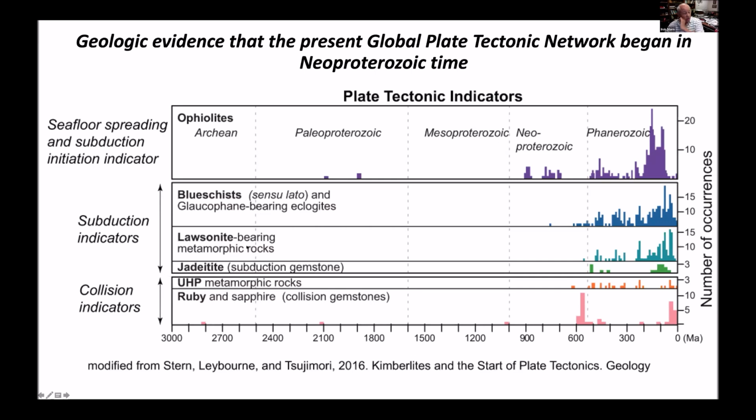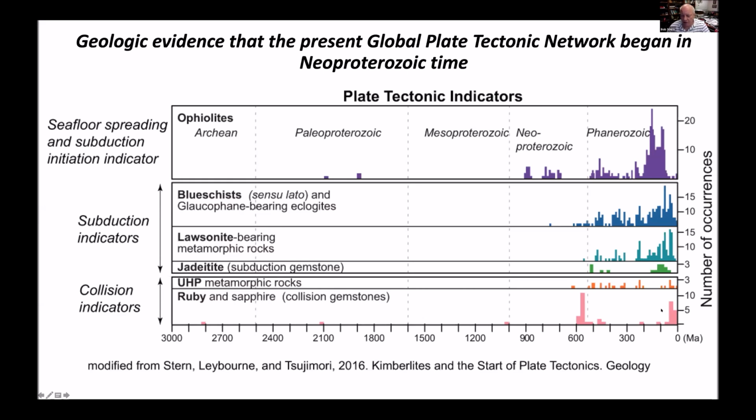Lawsonite, which is a very interesting mineral that only forms in subduction zones, is also limited to Neoproterozoic and younger time. Jadeite, which is a gemstone of interest to the economic geologists, is limited to Phanerozoic time. And the collision indicators, ultra-high pressure metamorphic rocks and the gemstone ruby, are also limited to Neoproterozoic time.